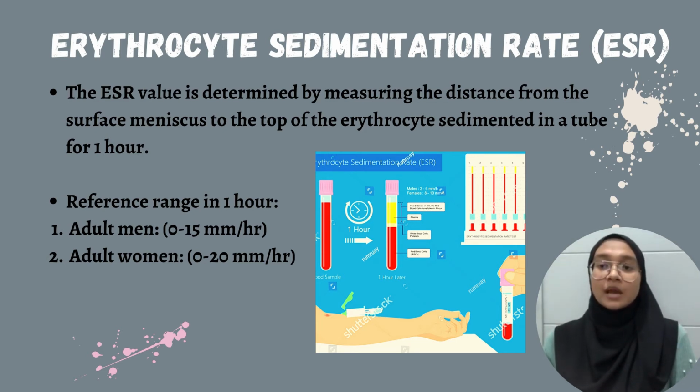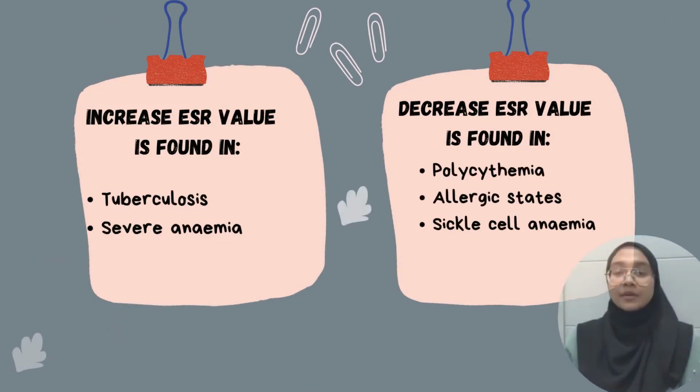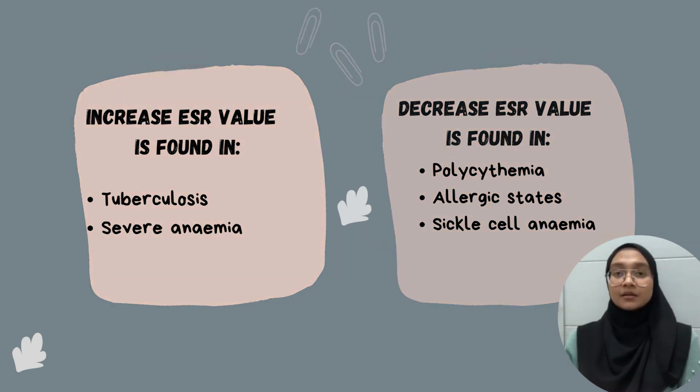The reference range for 1 hour for adult men is 0 to 50 ml per hour, while for women, it is 0 to 20 ml per hour. For this slide, we can see that an increased ESR value is found in tuberculosis and severe anemia, while a decreased ESR value is found in polycythemia, allergic states, and sickle cell anemia.